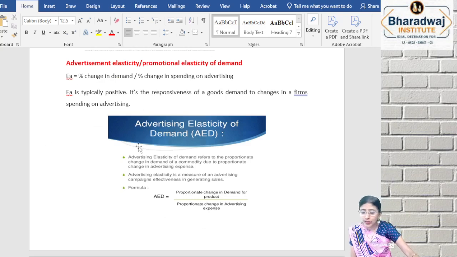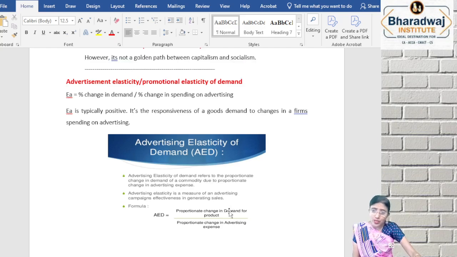Look at the formula. Even in the slide I've given: proportional change in demand for a product by proportional change in advertisement expenditure. Can you understand? So in income elasticity, it is proportional change in quantity demanded by proportional change in income. In price elasticity of demand, proportional change in quantity demanded by proportional change in price.